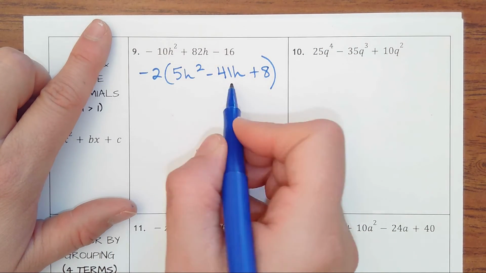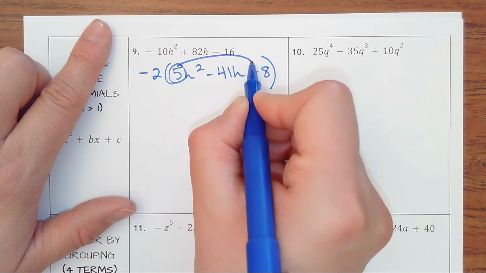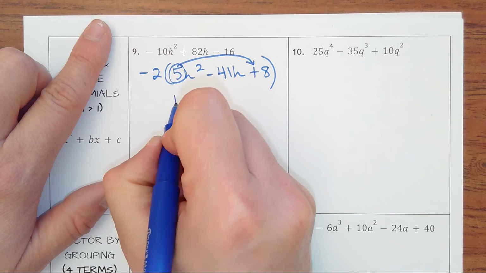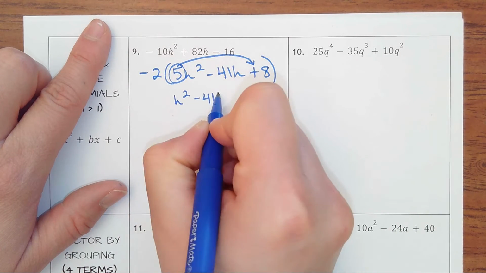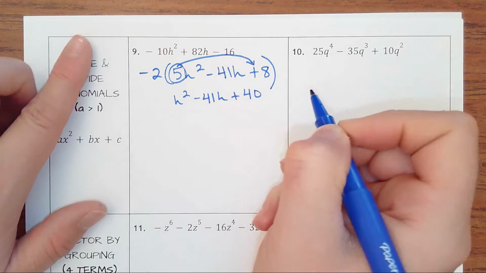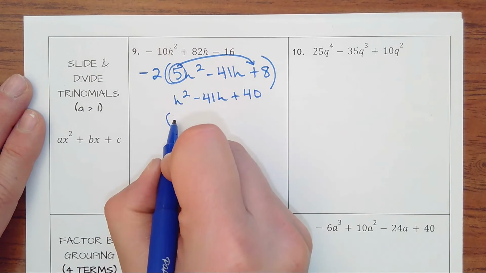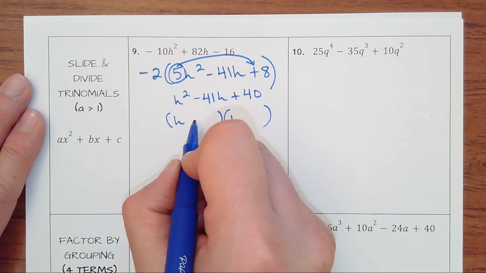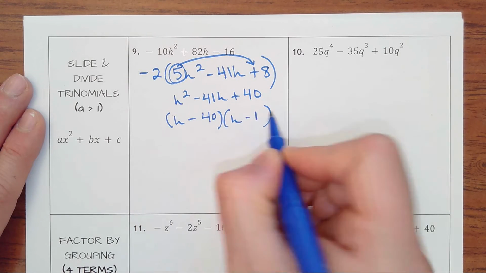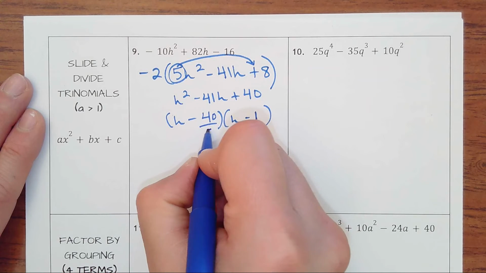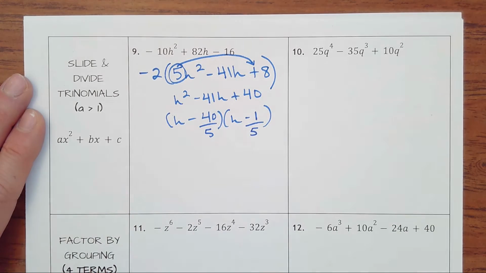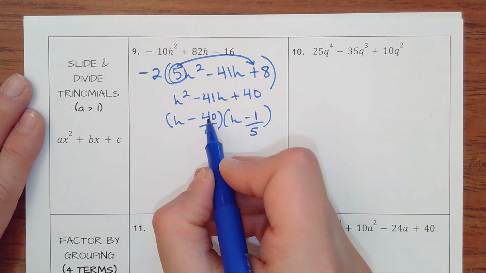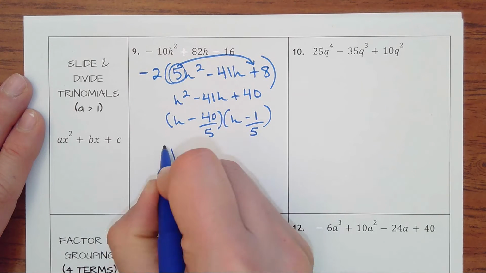Okay. So now I need to take the 5, slide it to the 8, h squared minus 41h plus 40. Factor like normal. I need two negatives, so it would be negative 40 and negative 1, but go back and divide by 5. 40 divided by 5 would be 8.